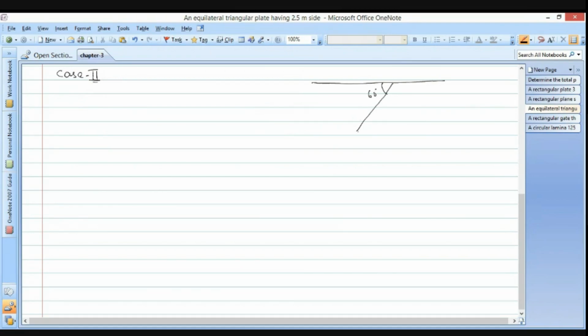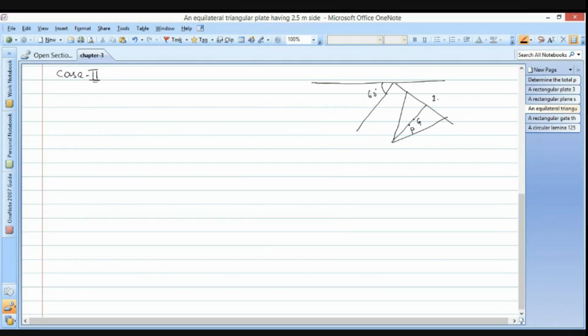So our plane lies like this. Now I'm drawing the perpendicular axis, and the height of the triangle. So in this way the plate is located, and the center of gravity is G, and the center of pressure is P.